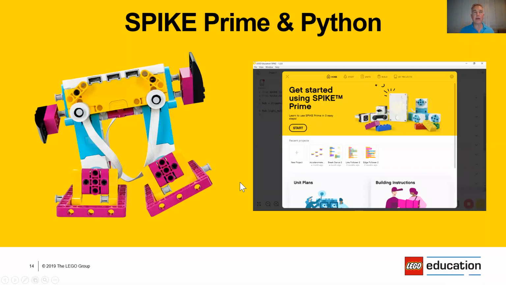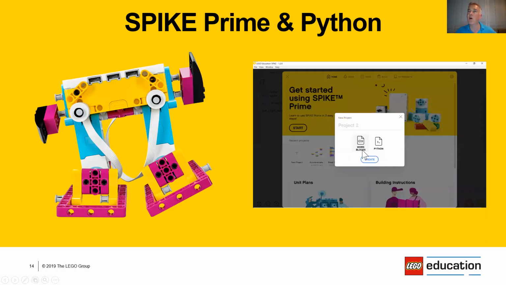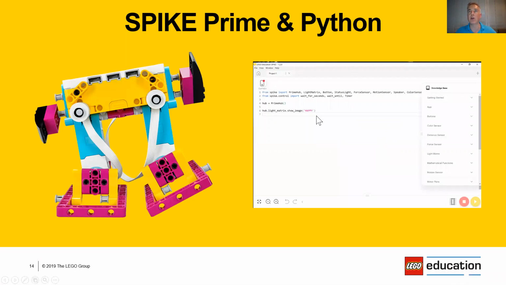It wouldn't be complete without telling you that Spike Prime, which is pitched slightly lower than the EV3, has also just released, you can run Python on it as well. So it's available to you. To get that to work, you'd come in here, click on a new project, and this section comes up, which is the ordinary one where you're coding in Scratch. You can click on Python, and it pops up with a little menu like this.